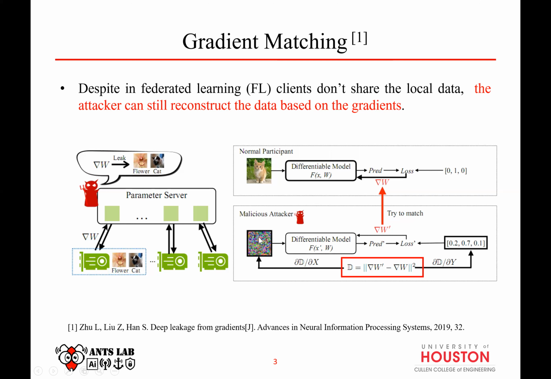They update the dummy data and optimize the objective function, which is the distance between the real gradient and the dummy gradient. The final achieved data is close to the real training data. And the attacker is assumed to be the server.